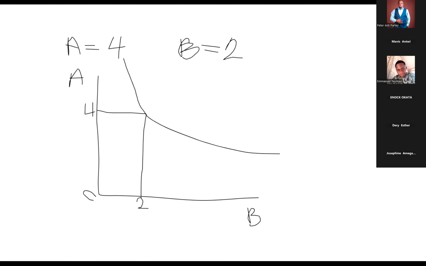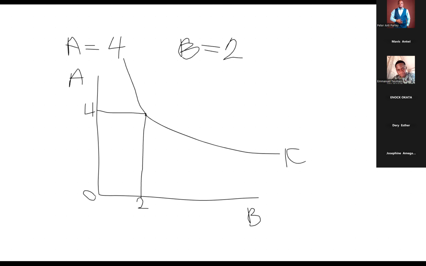Now, this point is the point that depicts that the individual is consuming 4 pieces of apple and then 2 fingers of banana. And we are saying that if there's any point on this curve, let me name it IC. IC means indifference curve, not incomplete.